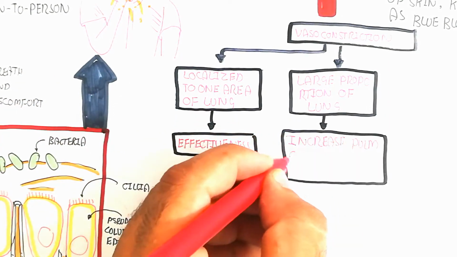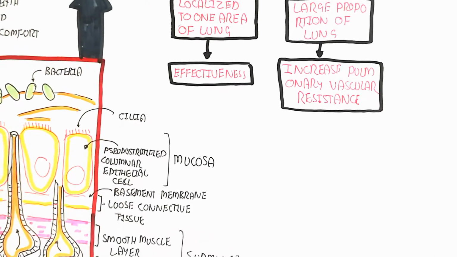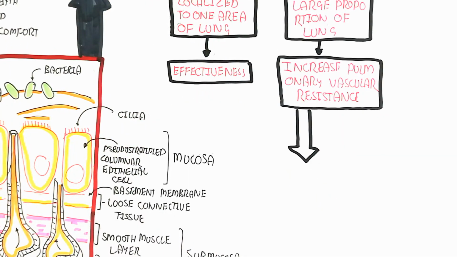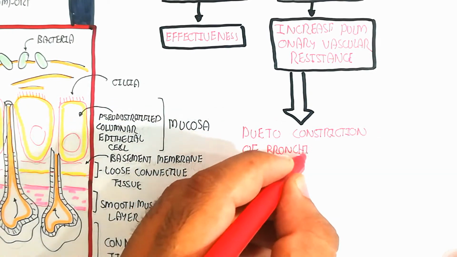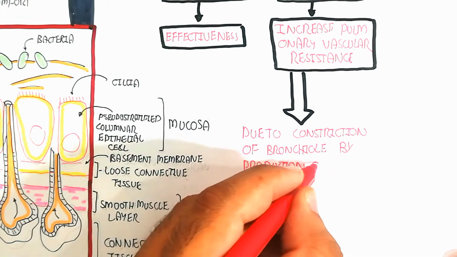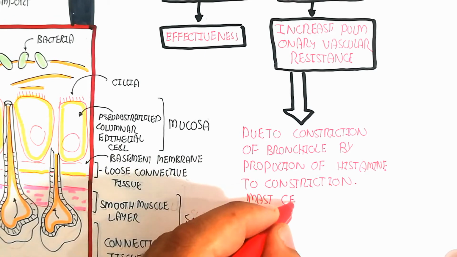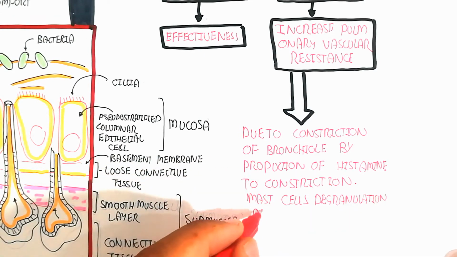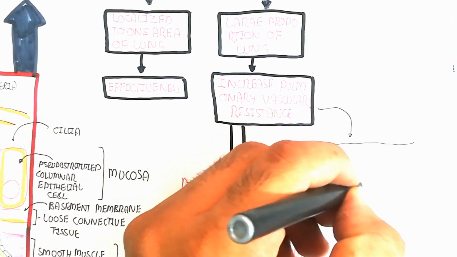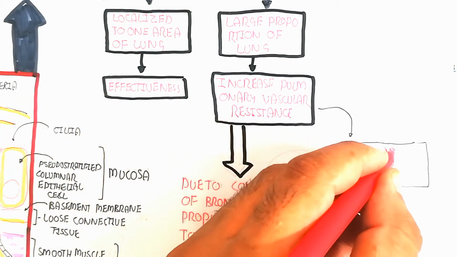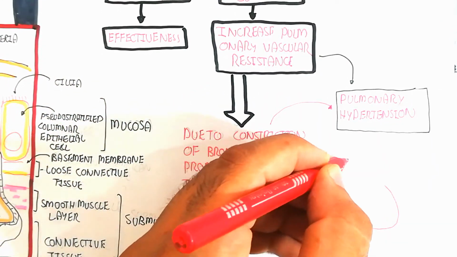It is localized to one area of the lungs or a large proportion of the lungs, and pulmonary vascular resistance increases. This increase is due to constriction of the bronchioles and blood vessels by the production of histamine, and mast cell degranulation in an allergic reaction produces histamine, which binds with the blood vessels as well as the air passages and trachea, leading to constriction and difficulty breathing.